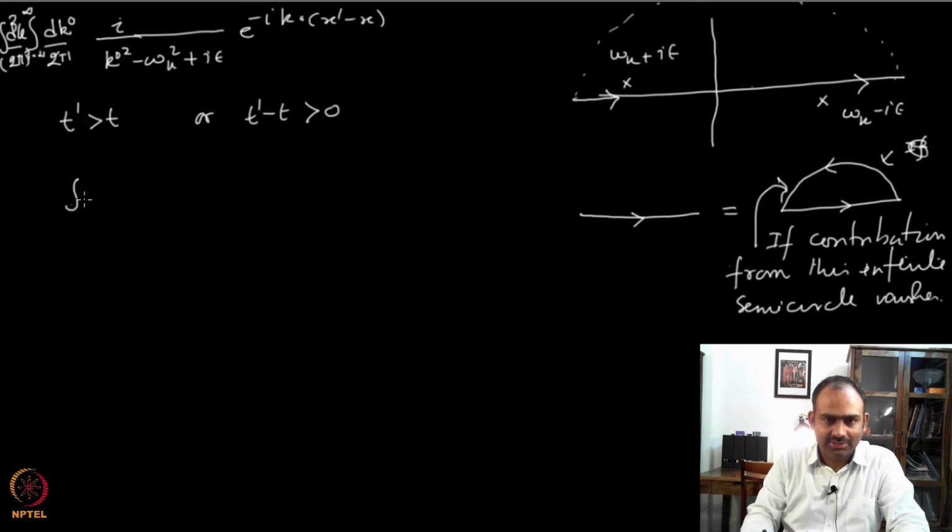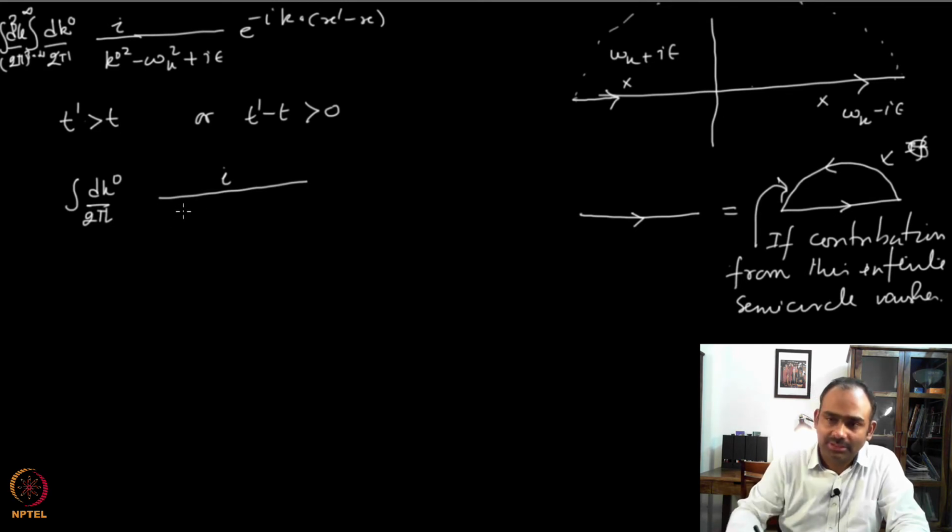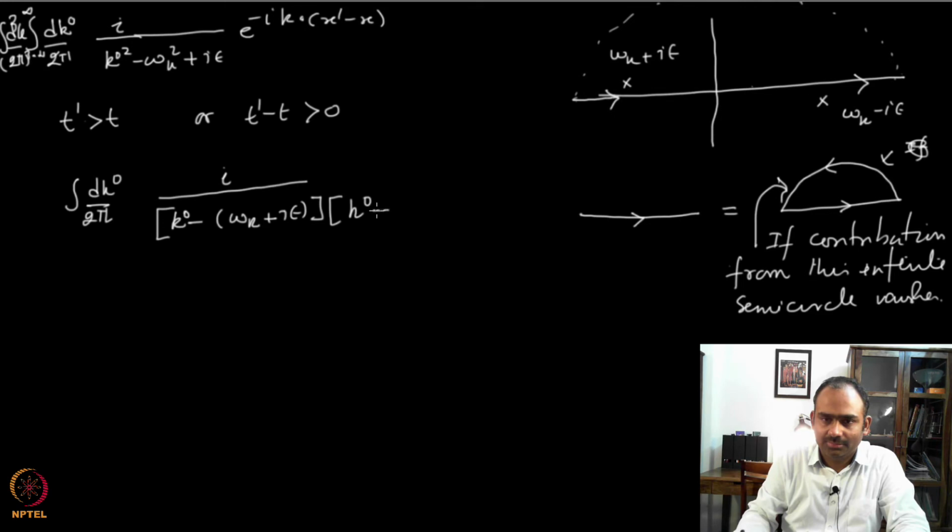You have integral dk0 over 2 pi, okay, I over, these are the poles. So, you have k naught minus omega k plus I epsilon times k naught minus, sorry, here I should have put a minus.